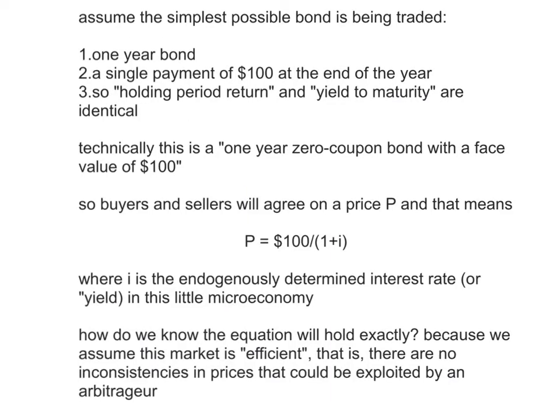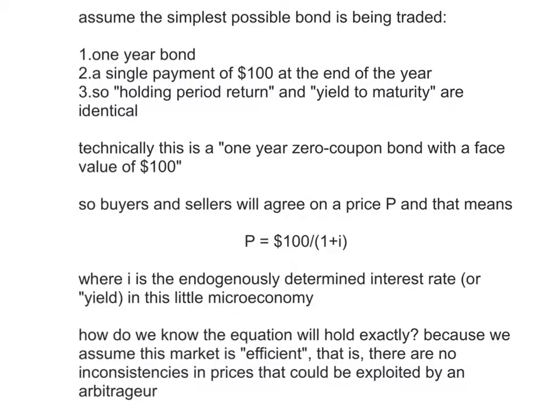To make the demand and supply model more concrete, let's think about a specific bond, and we'll use the most simple possible bond. A one-year bond, it gives a single payment of $100 at the end of the year, which means holding period return and yield to maturity are the same thing.